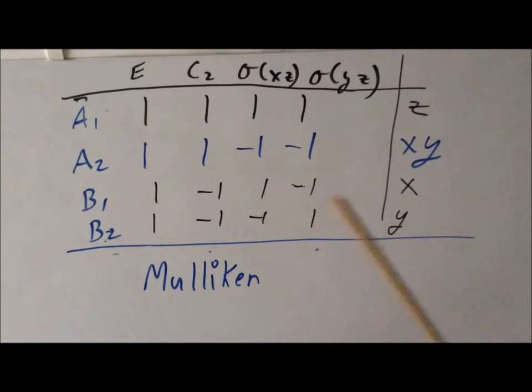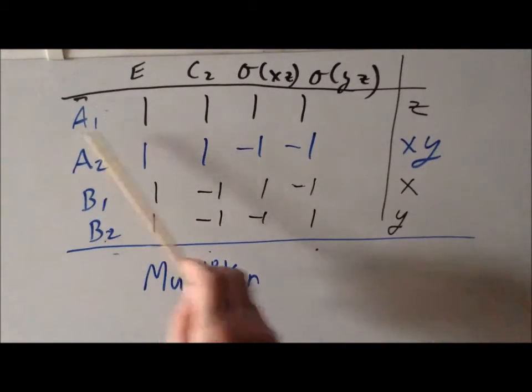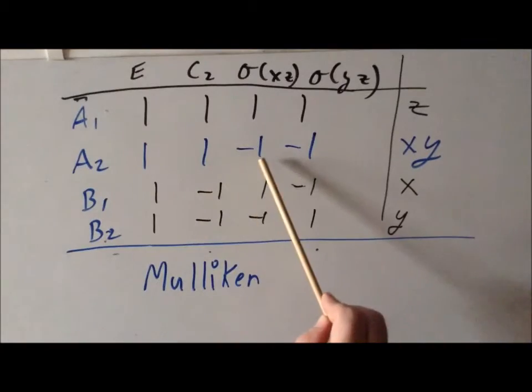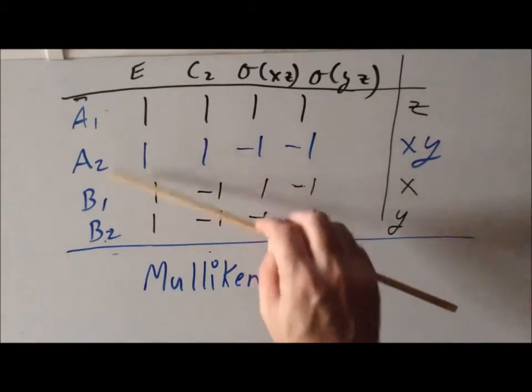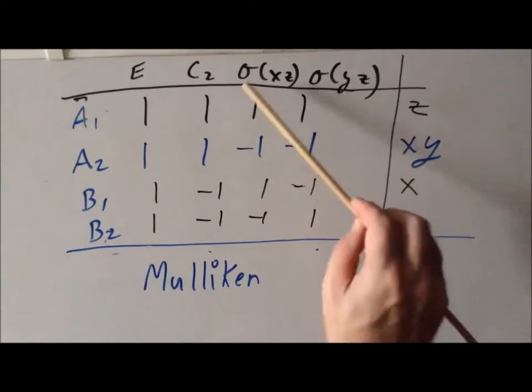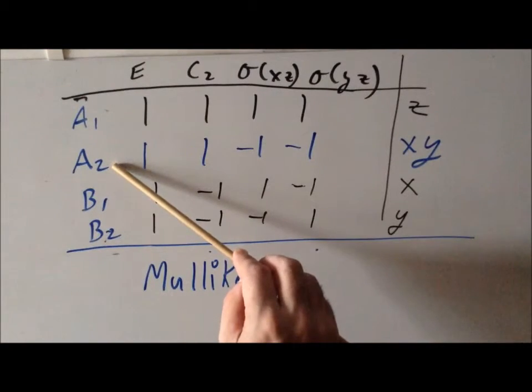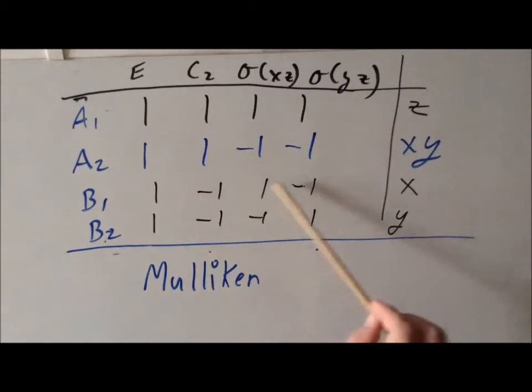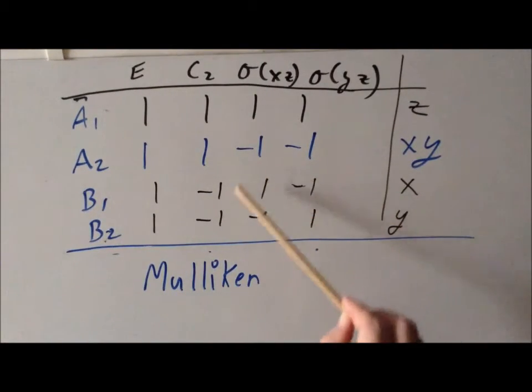We see that A1 is symmetric with respect to the mirror plane, whereas A2 is anti-symmetric. So that accounts for the 1 and the 2. The 1 is symmetric, the 2 is anti-symmetric. Similarly, for the B1 and B2 irreps, we notice that for the B1, the character for the mirror plane is positive 1, which means it's symmetric, so therefore we use 1 as our subscript.